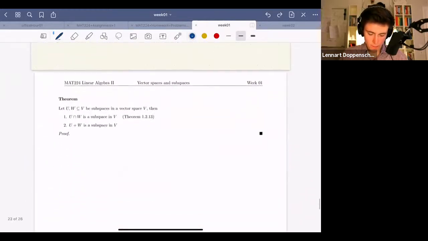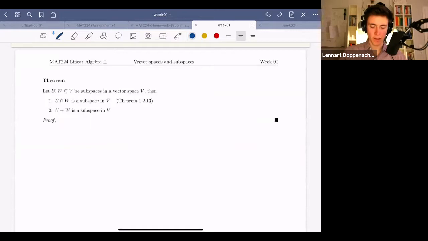Okay. Now comes the time that we need this. I want to give you some properties. Before we move on to week 2, I want to give you some idea of how you can build new subspaces from old ones. If you have two subspaces, there is a theorem that says the intersection will also be a subspace.